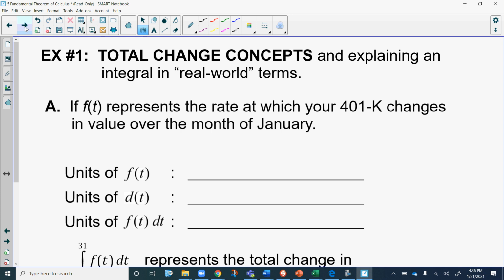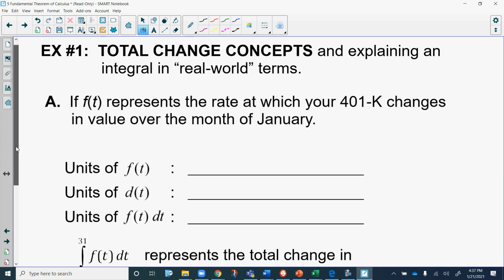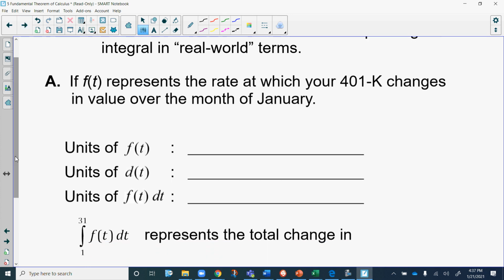Now here, what they're going to give us first, before we get into how the actual process of doing them works, is some real world examples of things that we're doing here. So I'm not gonna make you watch me write everything down.